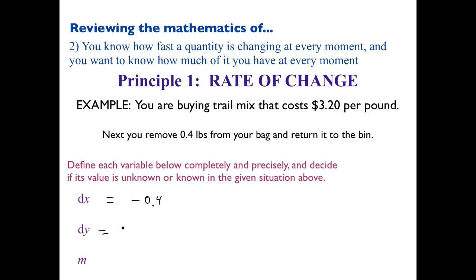Right, dy is always m dx, or 3.2 in this case, dx. And we said that we know what your change in cost will be for any change in number of pounds. So it'll be 3.2 times negative 0.4, which is, what is it? $1.28? Is that right?